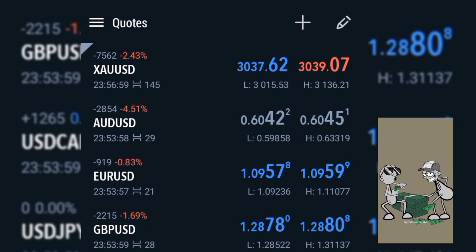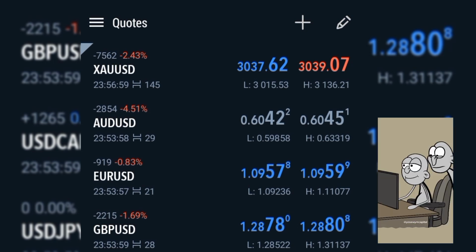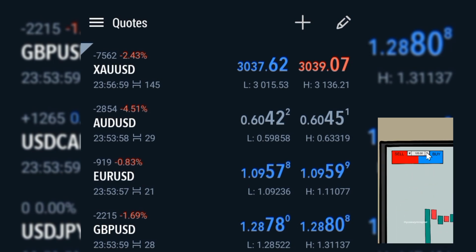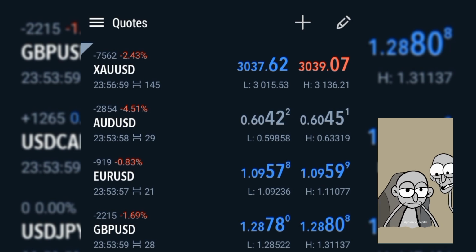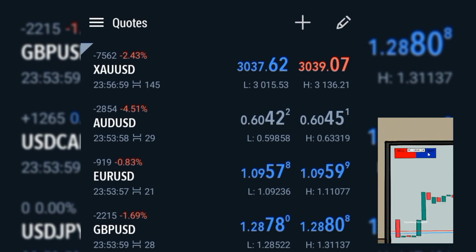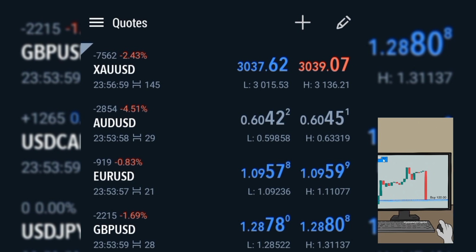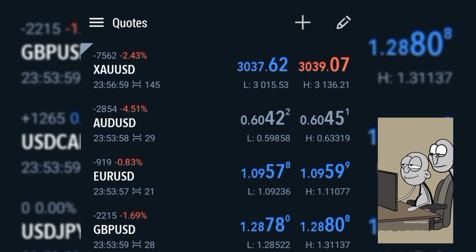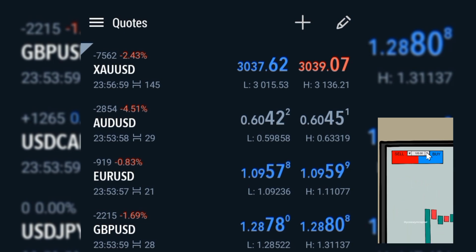Don't even think of trading gold as a beginner forex trader to raise $10 up. Forget about gold, because gold is highly volatile and the amount of pips it moves is, let's say, 5 times higher compared to other pairs, right? So you should be careful, run away from gold as a beginner.